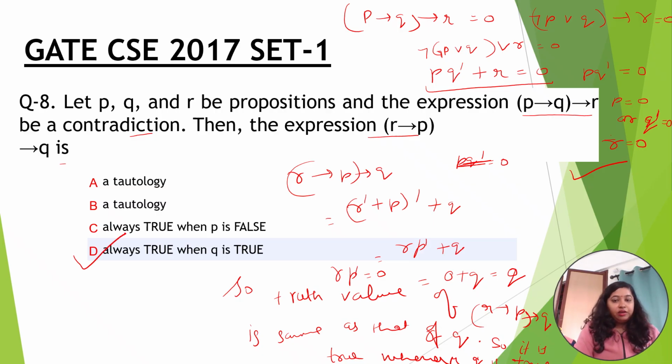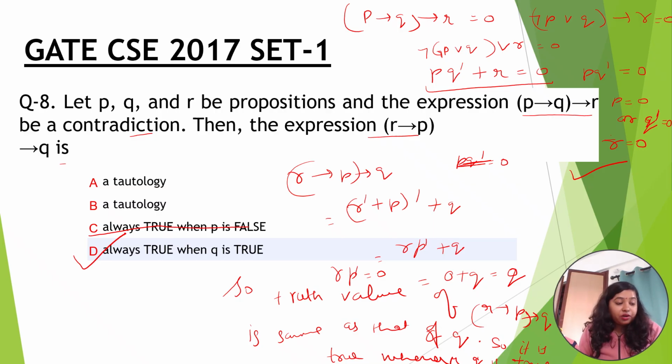Okay, that we are having this true whenever Q is true. अगर हमारा we have another option C, उसके अंदर क्या रहेगा, ये नहीं है.